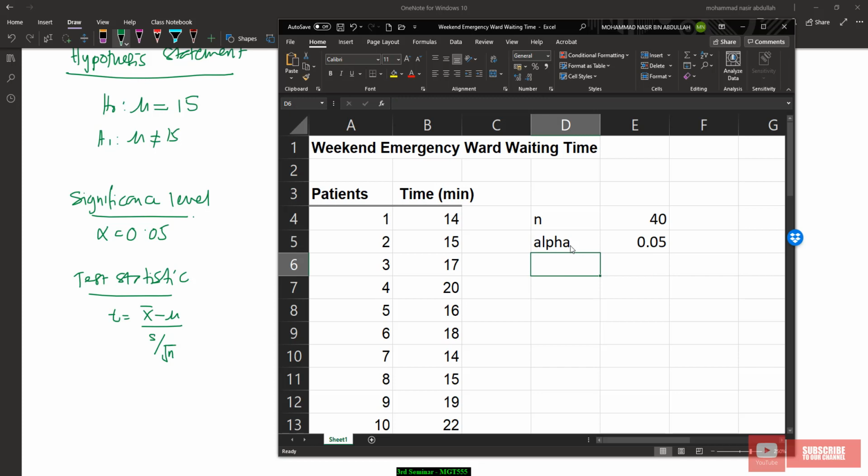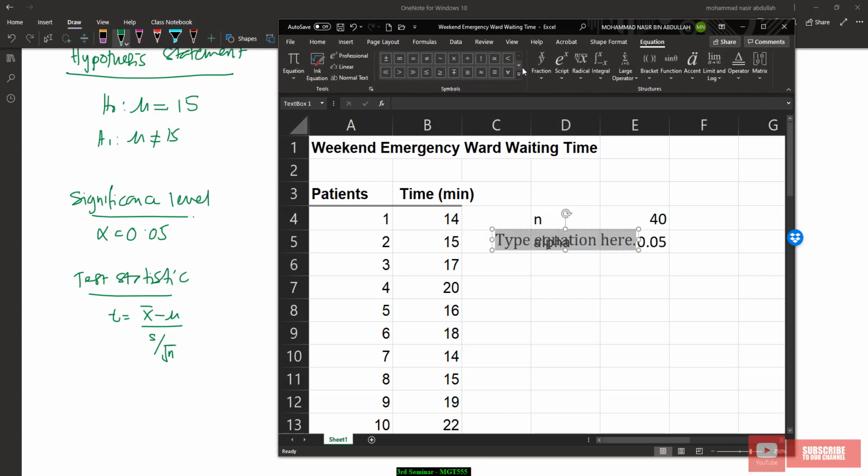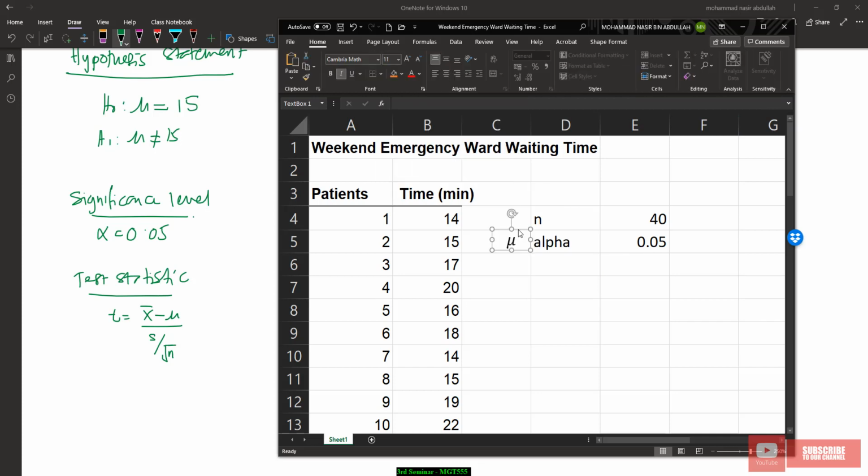Right? Our mu is equal to 15 minutes. This is all the information that we have now.